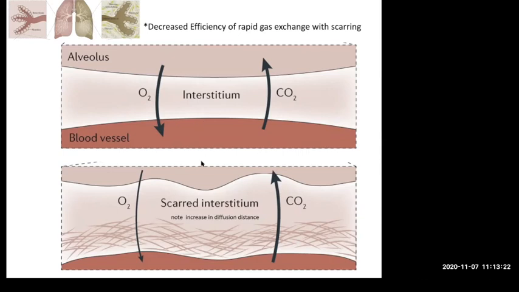So your breathing becomes much more inefficient. Basically, that rapid gas exchange has had its function compromised because of the scarred lung tissue. And so this is one of the main problems with a lot of pulmonary diseases. Smoking causes this fibrosis, other sorts of infections cause this. But that's one of the main problems: decreased function in gas exchange.